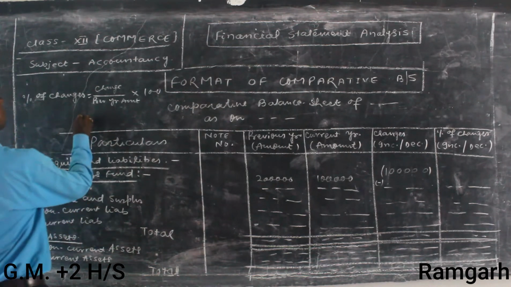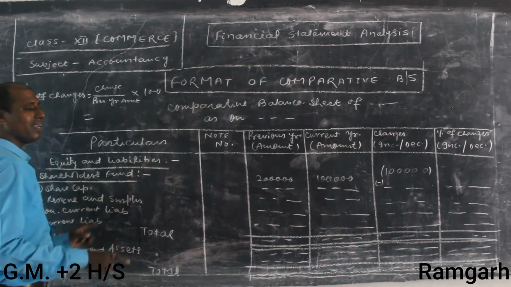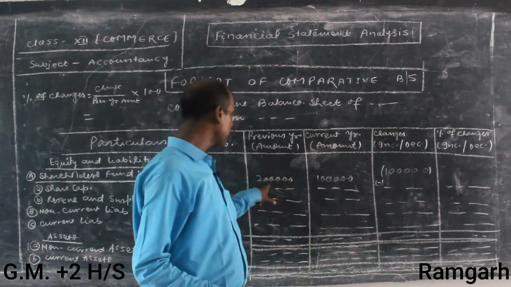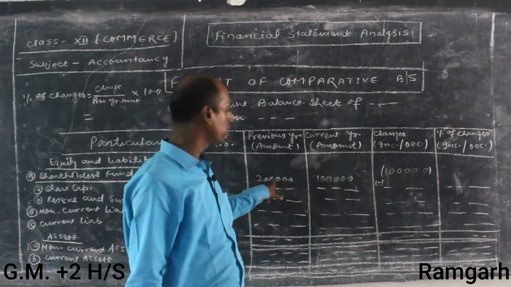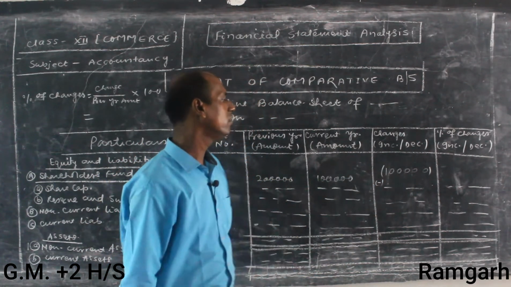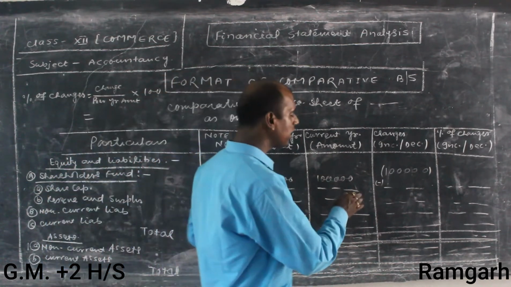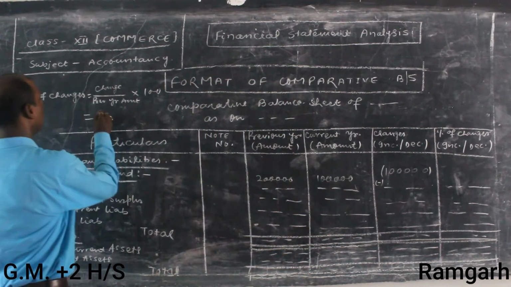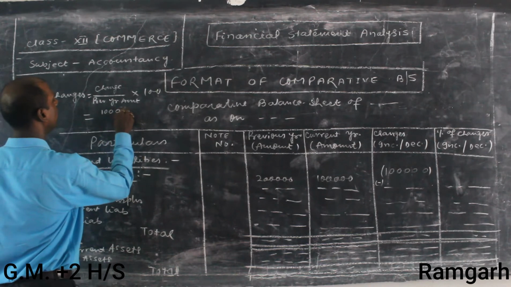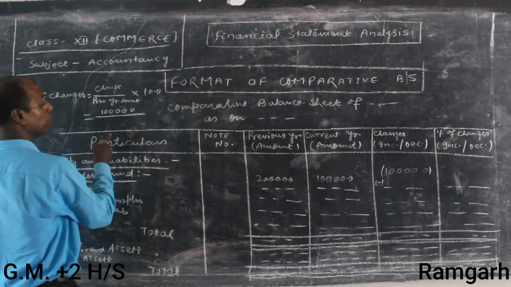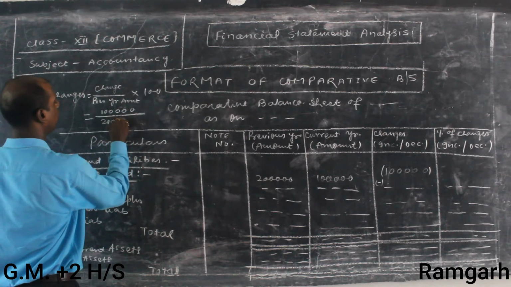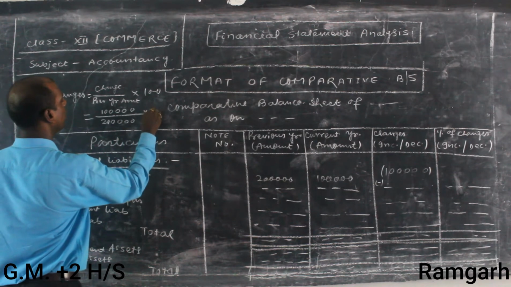Now, as per the example, 2 lakhs in previous year, thereafter 1 lakh, and the change is a decrease of 1 lakh. Here put 1 lakh, the change, divided by previous year amount, 2 lakh, into 100.